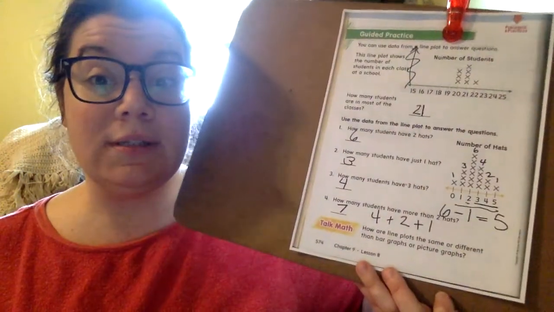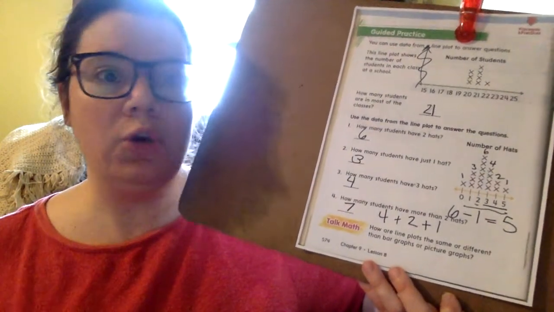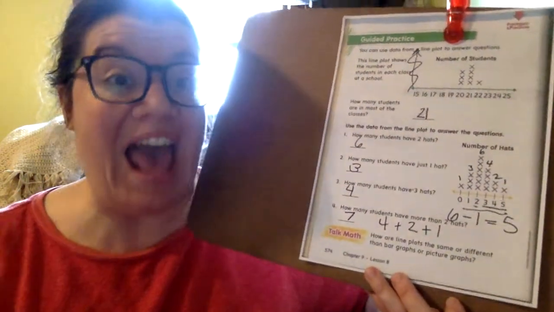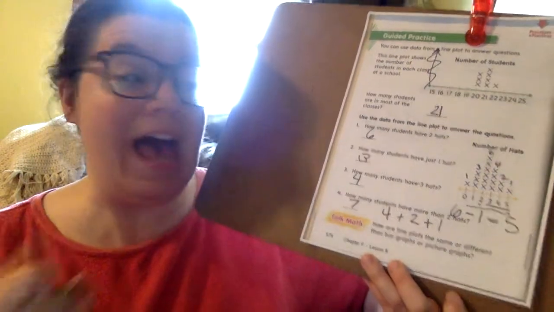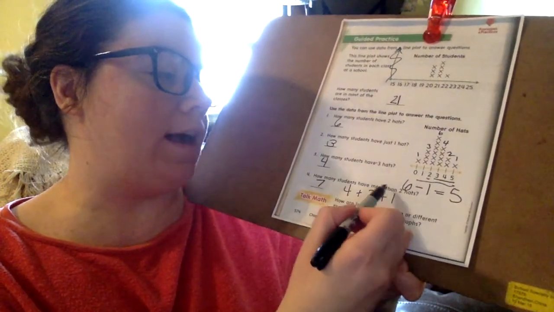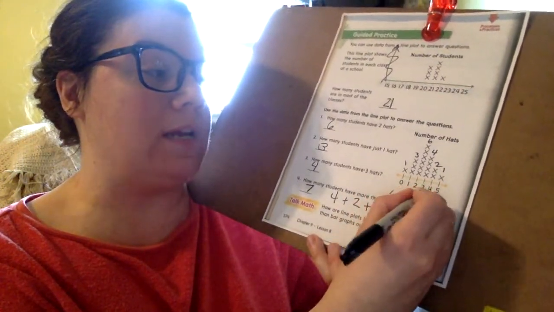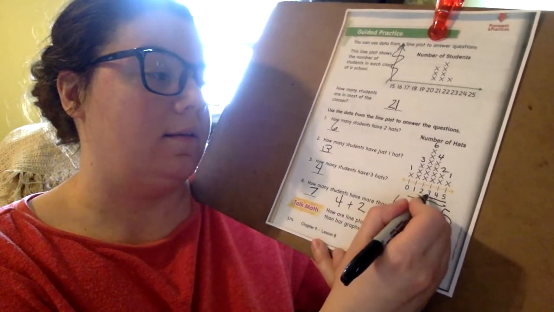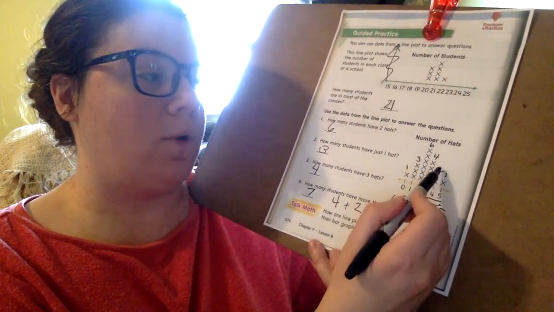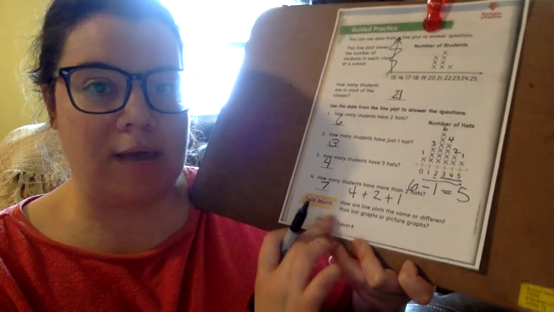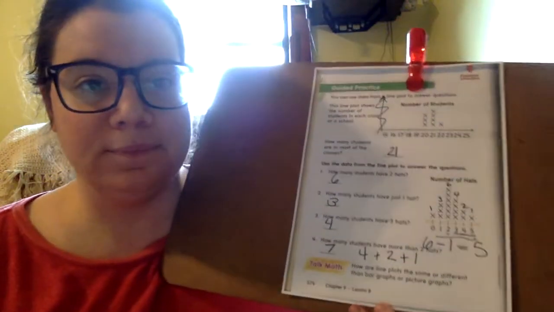If it asks how many students had 2 and 3 hats, then you're going to add. If it asks you and, you're adding, just like here. How many students have more than 2 hats? We had to add 3 different add-ins. 3, 4, and 5 hats, there was 4, 2, and 1 students. Okay, so we had to add all those to get the answer.